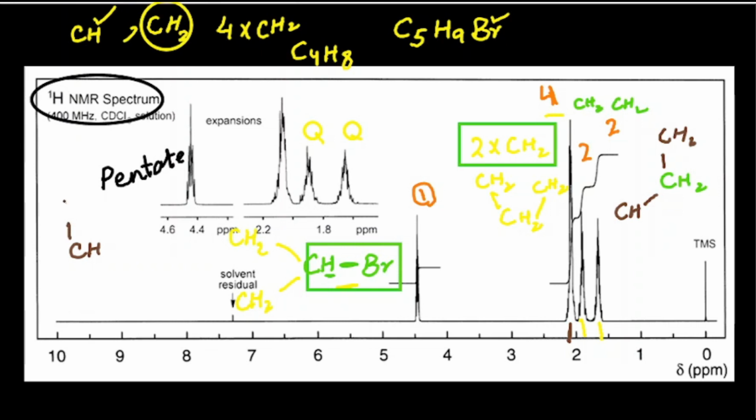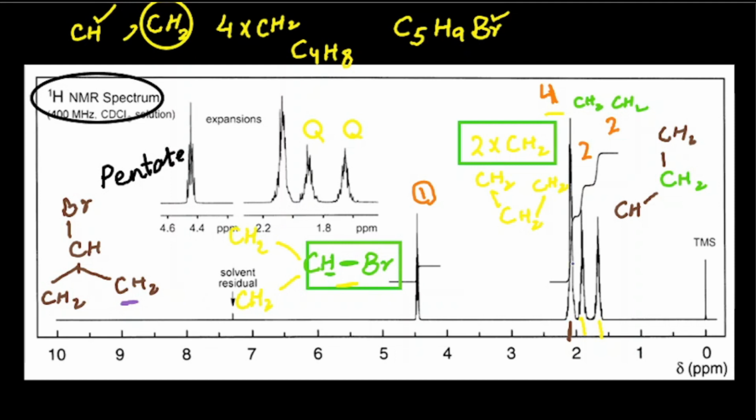CH group is attached with the bromine, and here this CH is attached in its neighboring with the 2 CH2 groups. And this is the CH2 group. You may see here that this CH2 group is attached on one side with CH2 group and on the other side with the CH group.